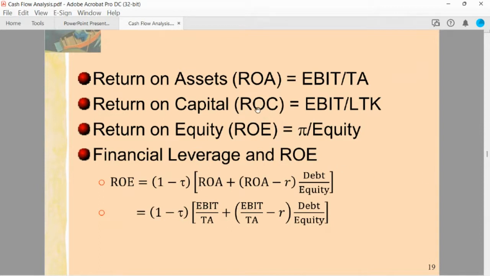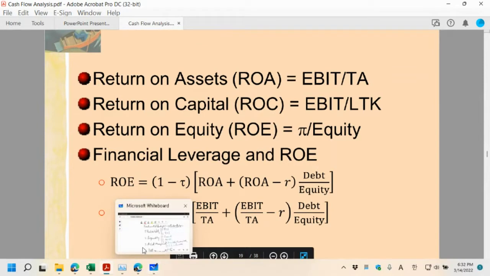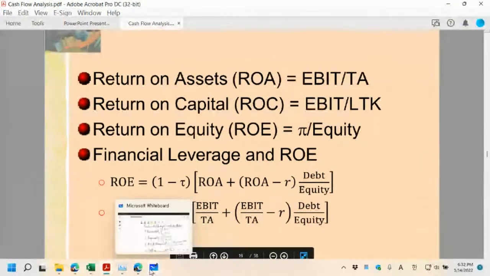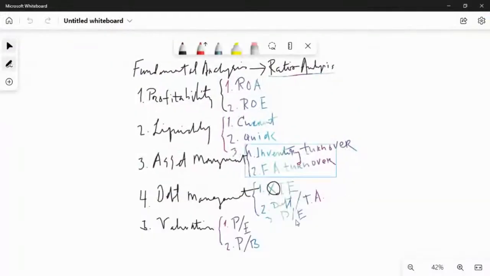ROC looks like Russian Olympic Committee, so I prefer ROK, which is also like Republic of Korea, South Korea. ROK, right?